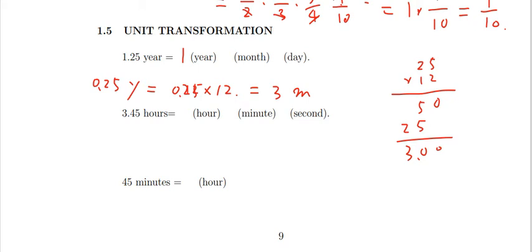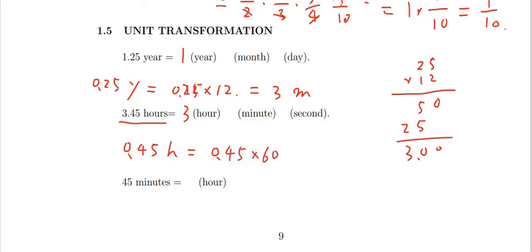Okay, so then here, 3.45 hours equals 3 hours, then 0.45 hour equals how many minutes? 1 hour equals 60 minutes, so we just multiply by 60.